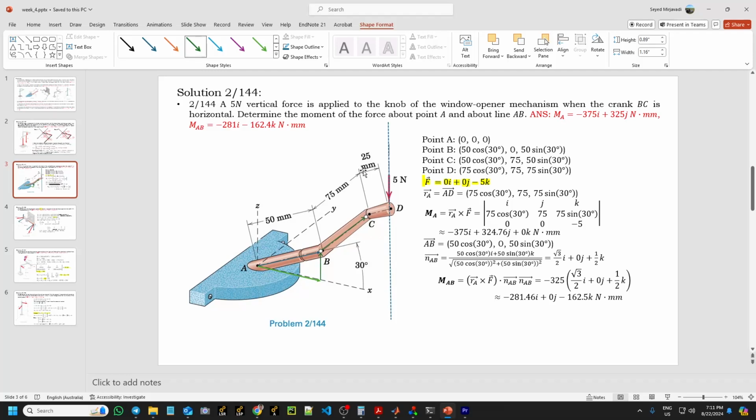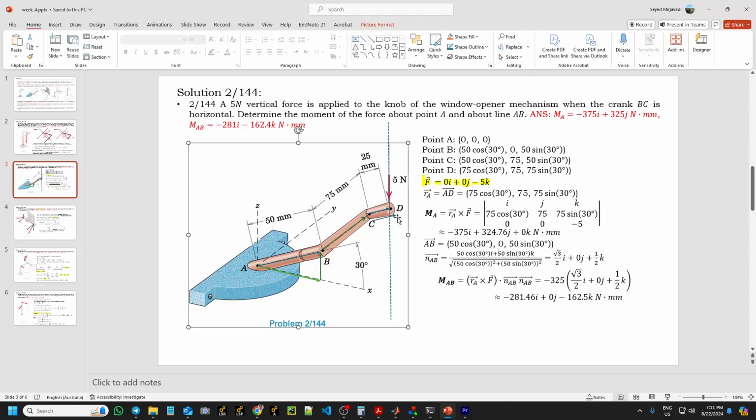So there are two options here. Let us go for the first option. You can find this vector CD. How much is this? It is exactly 30 degree. So it has two components.